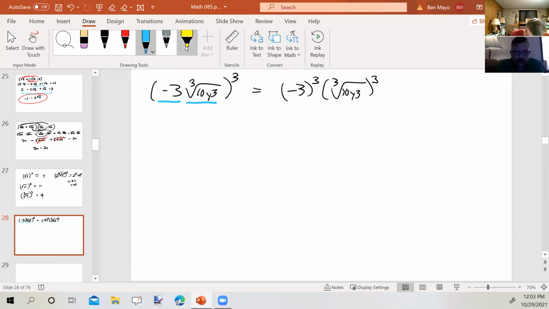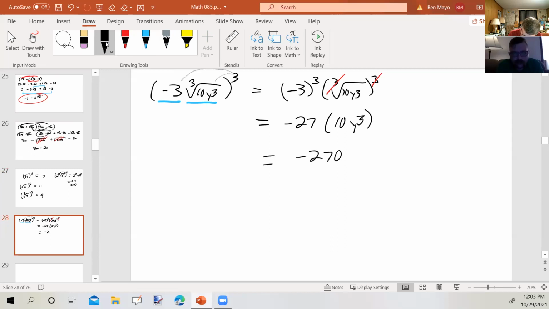So I'm attaching that exponent outside to each of the 2 factors. -3, the quantity cubed, is -27. The cube root of 10y cubed, the cube root and the cube get rid of each other. And what do we have left? 10y cubed. So we end up with -270y cubed.